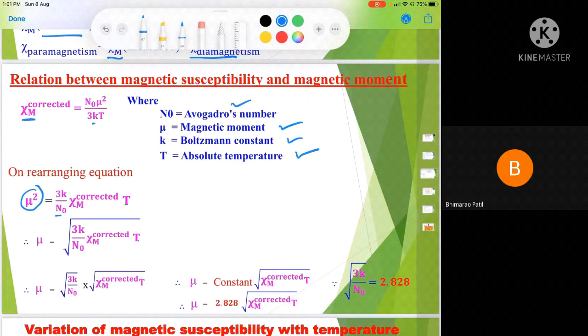If you substitute the values of the Boltzmann's constant and Avogadro's constant in this equation, then you will get a constant value.